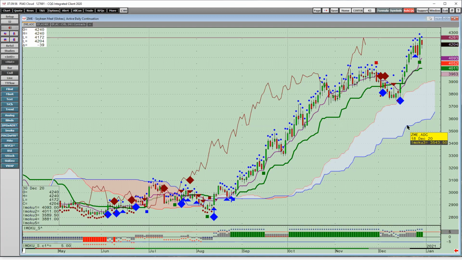Now, the ultimate support is the bottom of the cloud, which again we'll discuss later, but the thickness of the cloud indicates that there's strong support there. I think one of the advantages of the cloud is it focuses the support and resistance as an area, not as a point. And a lot of people will put a line on and they'll say, well, this is the support level.